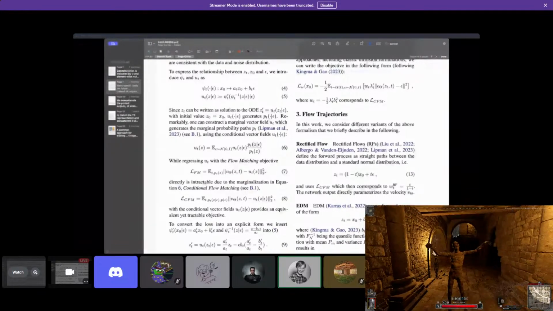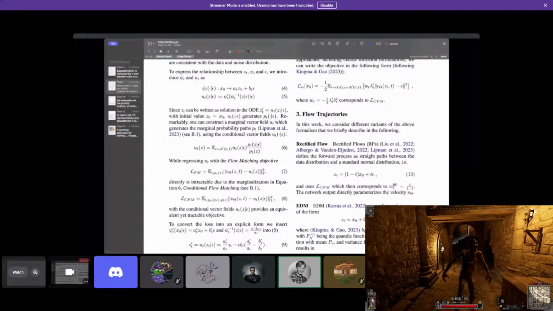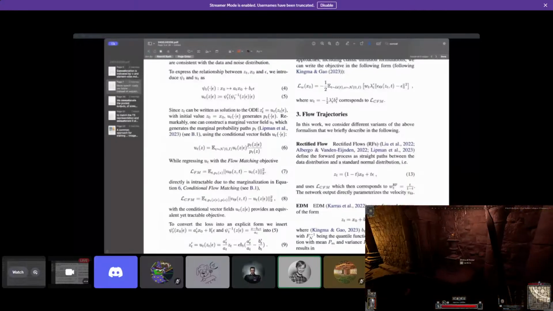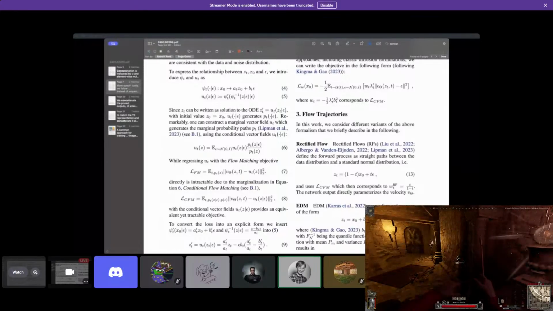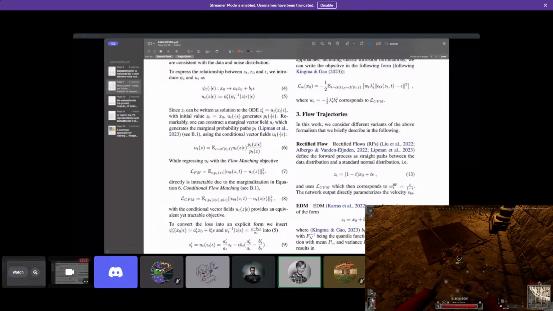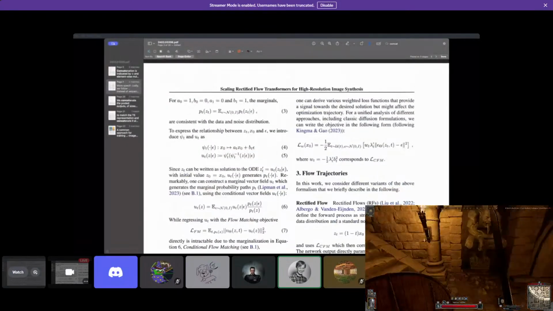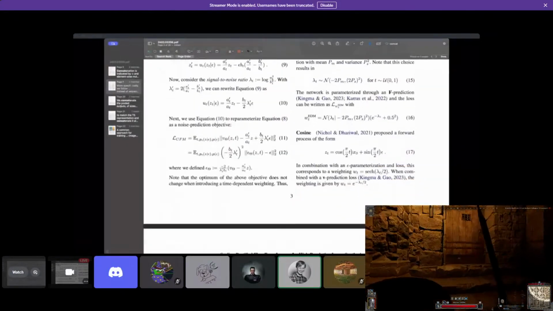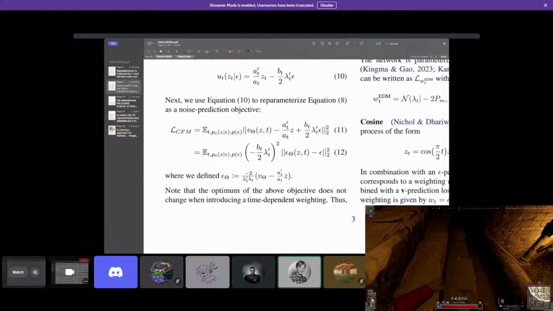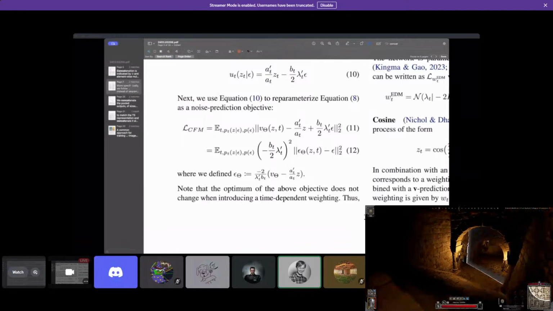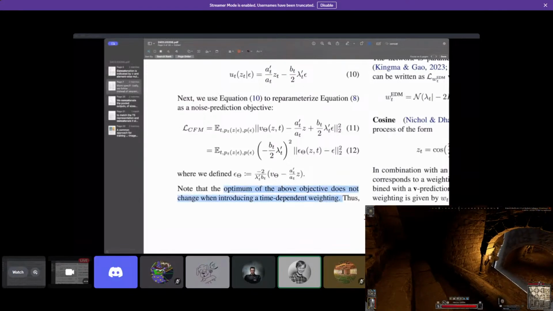First of all, it's much more free, because it turns out it doesn't matter which schedule you choose to represent your flow, you still always get the same objective, which gives you a lot of freedom. For example, these latent consistency models, which can sample very quickly, abuse that by basically just finding nicer trajectories. Exactly.